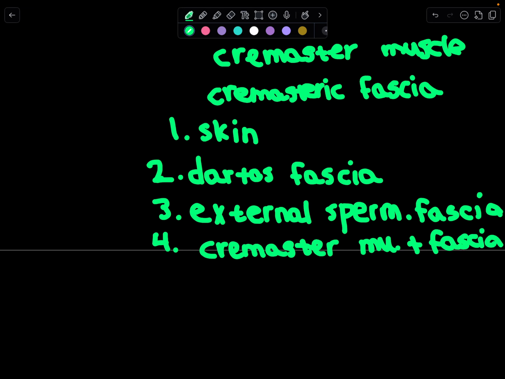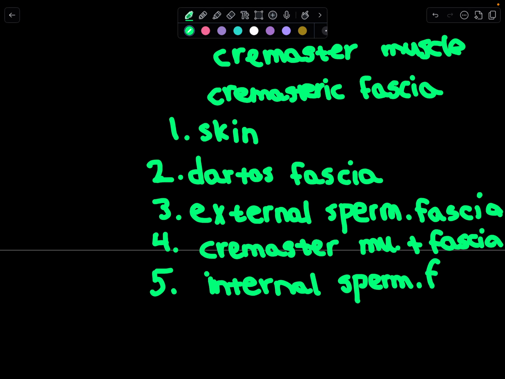Moving inward, the parietal layer of the tunica vaginalis, a serous membrane from the fetal processus vaginalis, lines the inner scrotal sac, while the visceral layer of the tunica vaginalis tightly covers the testes itself, except at its posterior edge. Finally, beneath the visceral tunica vaginalis, the testes is encased by the tunica albuginea, a dense, fibrous capsule protecting the testicular tissue.